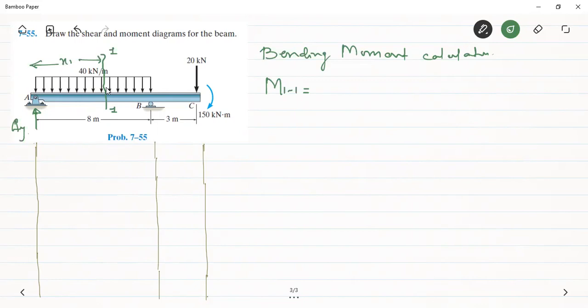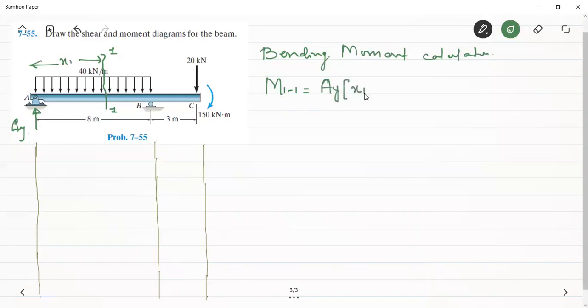And if it is in the anti-clockwise direction, then it has to be taken as negative. So you can see that ay will create a clockwise moment about section 1 1. It will create a clockwise moment. Therefore the moment due to this ay will be treated as positive.